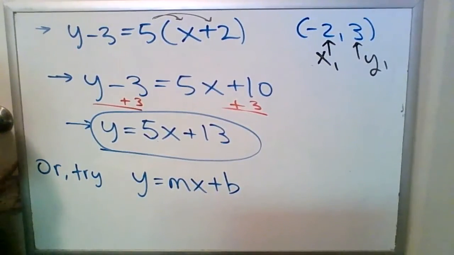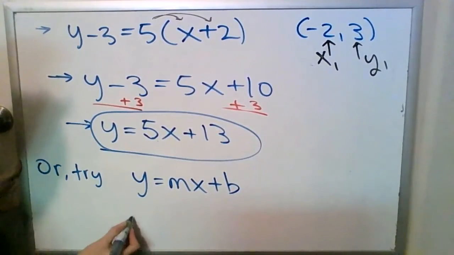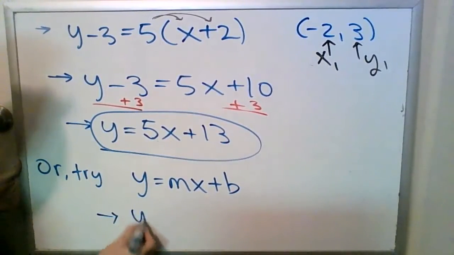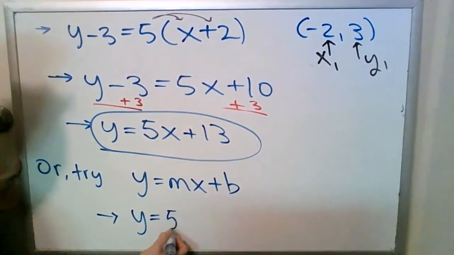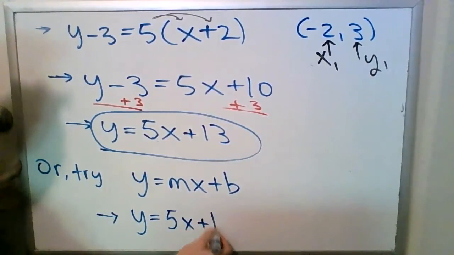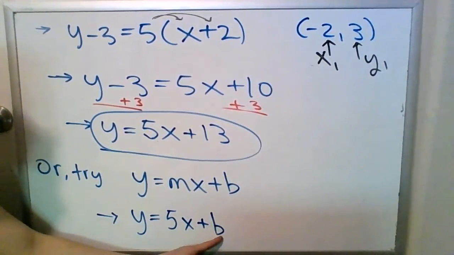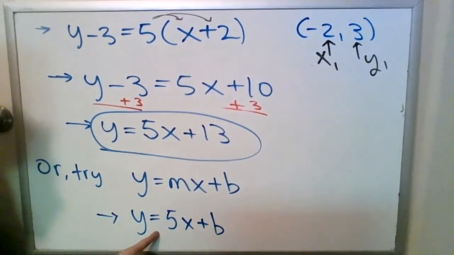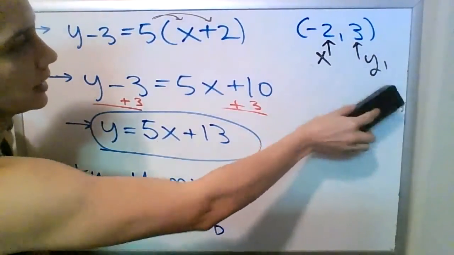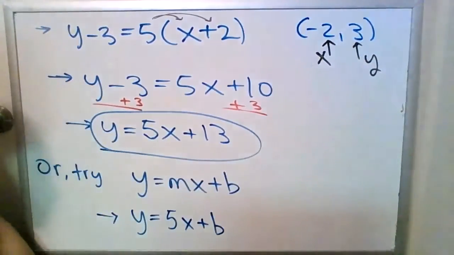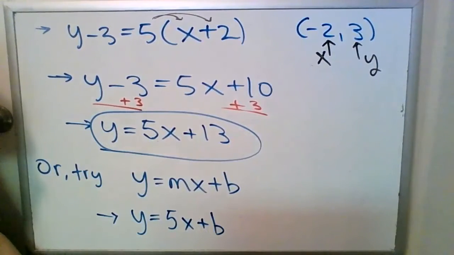In the problem, we had slope m equal to 5. You need to figure out what b is. So you can put in your values from the point. This time, instead of calling them x1, y1, let's call it x and y. So 3 equal to 5 times -2 plus b.